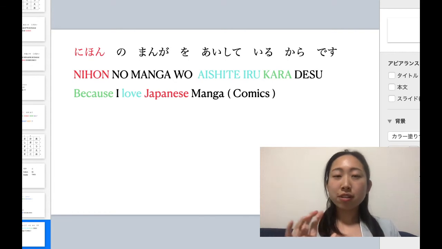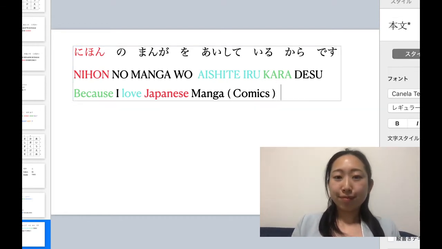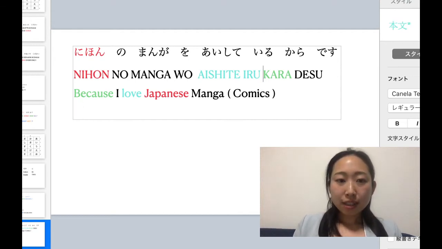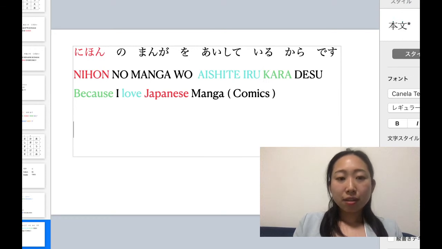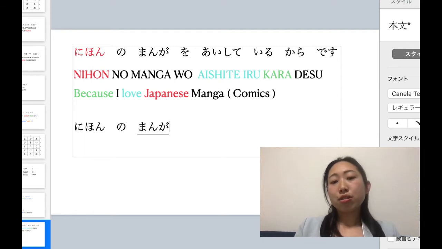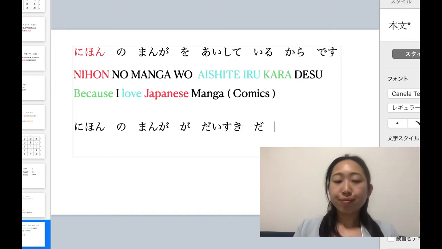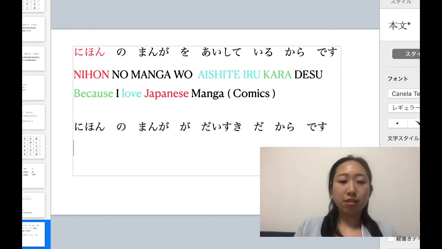But if you just like it very much, casually, you can use 大好き instead. And in that case, 日本の漫画が大好きだからです。You can write it down this one too.